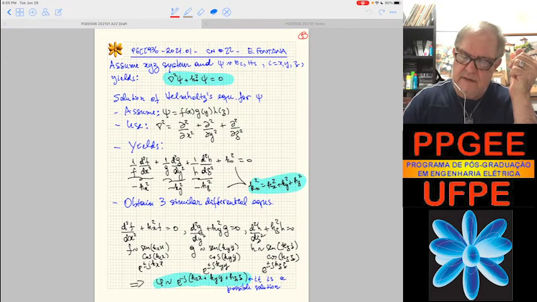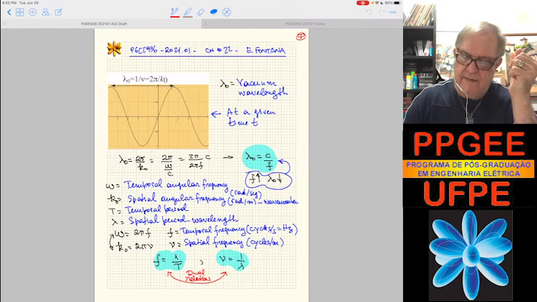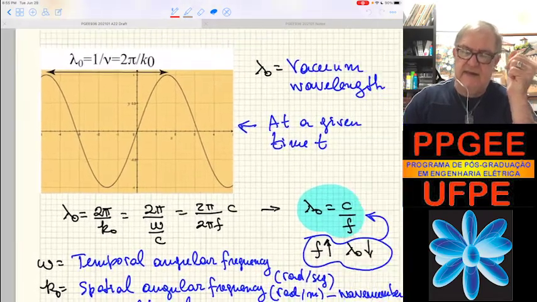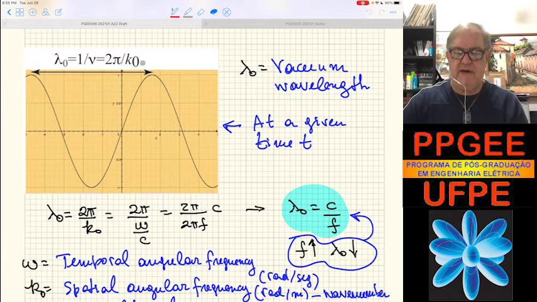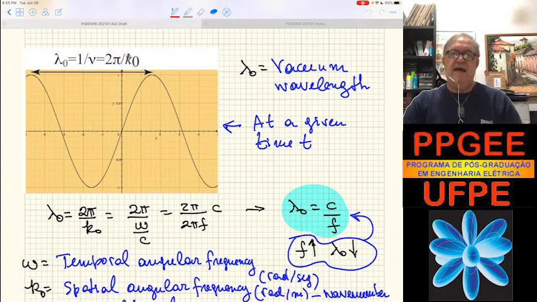Take a shot, a picture. So the amplitude of the E field changes periodically in space for a given time, and changes periodically in time for a given point in space.